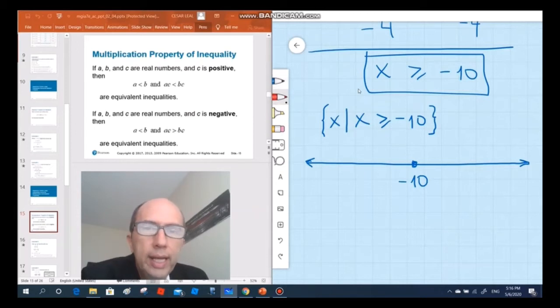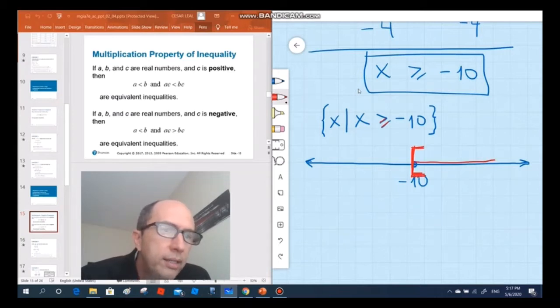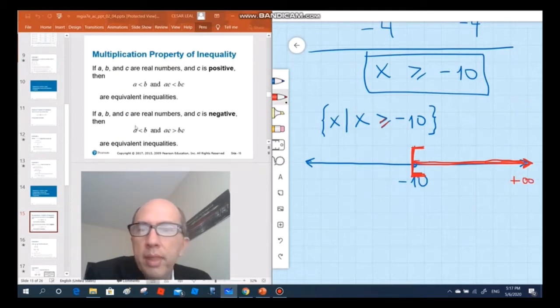And tell me, is negative 10 part of the solution? Yes, because it has to be equal here. So if it is part of the solution, you're going to use this kind of bracket. And everything greater than negative 10 is also part of the solution, going to positive infinity, right?